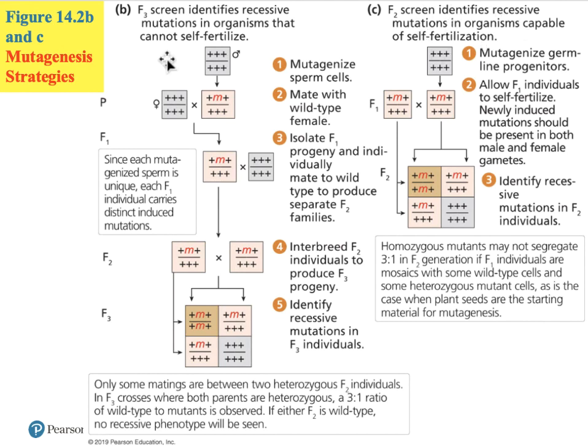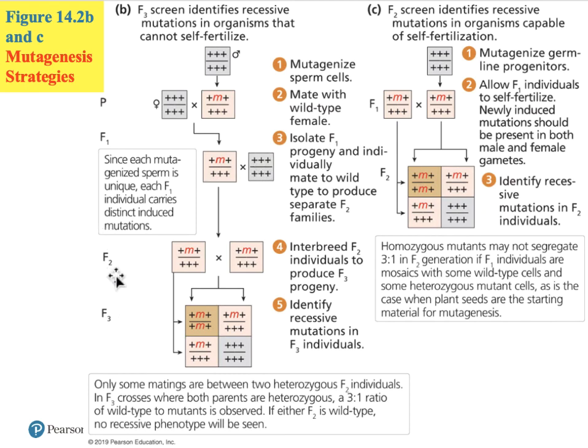The beginning part of the strategy is the same as in the previous example. We take males, we mutagenize them, and then we breed them to wild-type females. Only the F1 males are then used in the next set of experiments where they are bred to normal wild-type females.